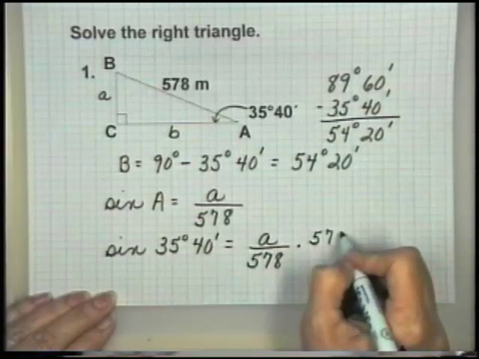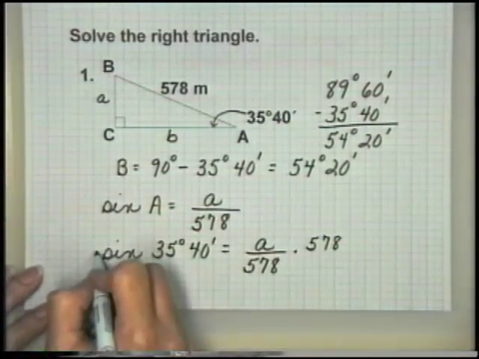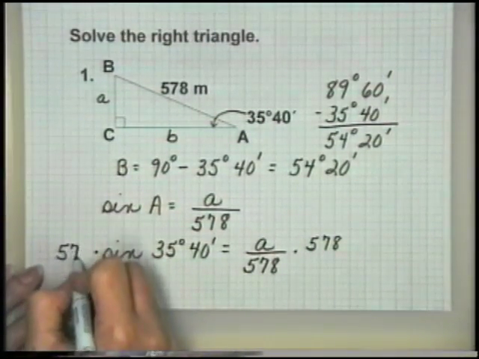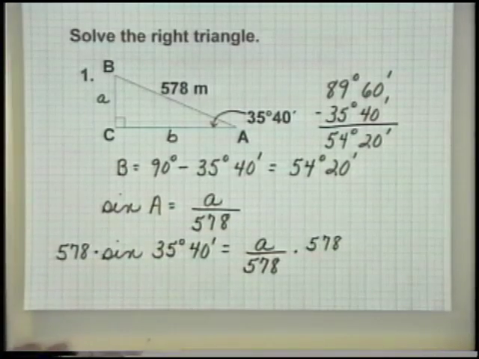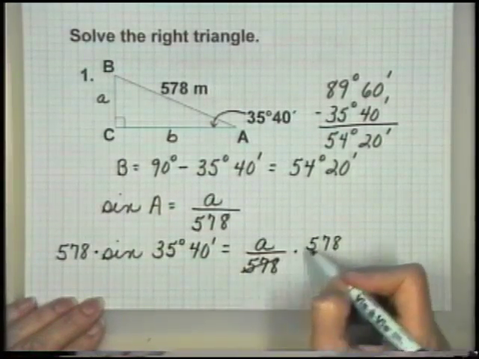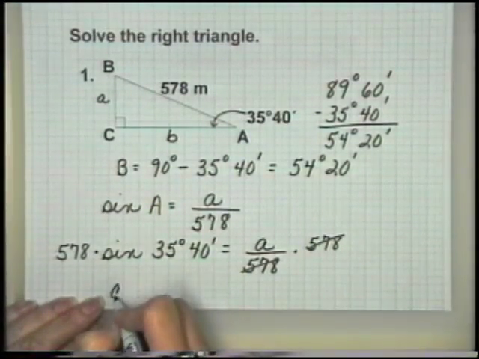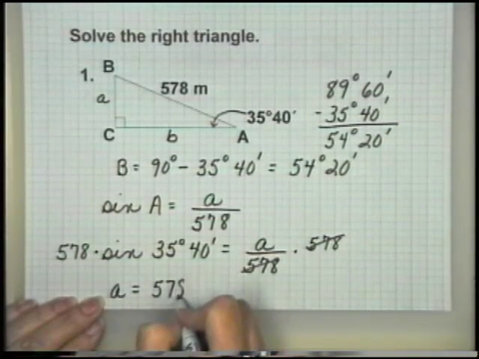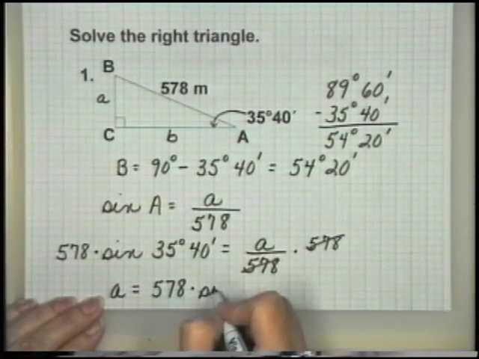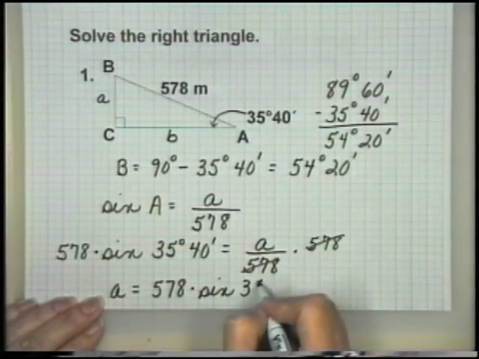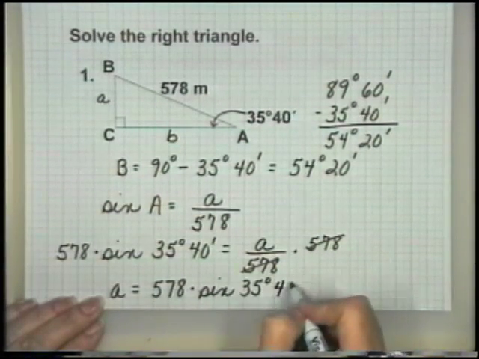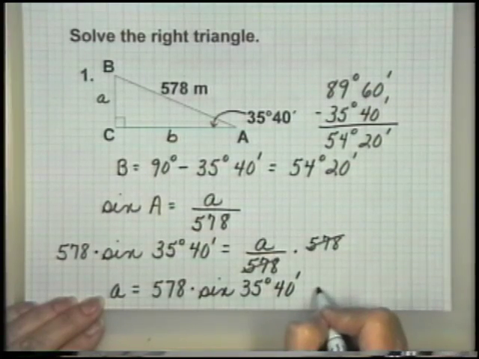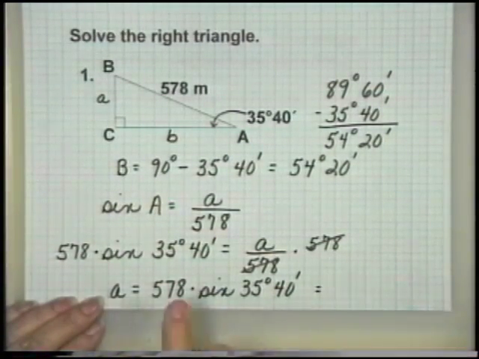So to do that, we will multiply both sides of this equation by 578. Of course, those divide out, and what we have is that A equals 578 times the sine of 35 degrees 40 minutes.